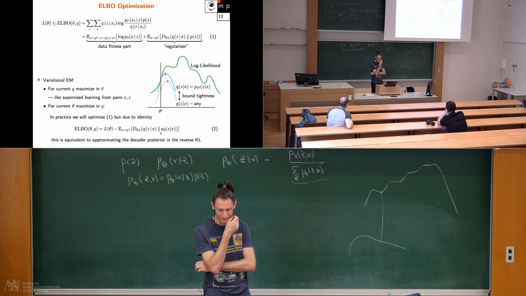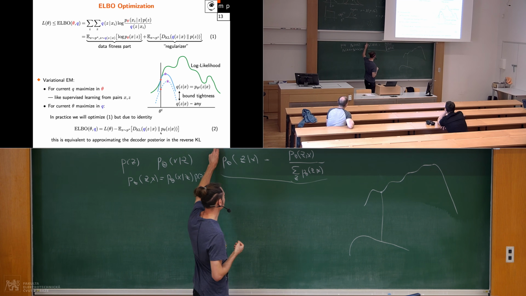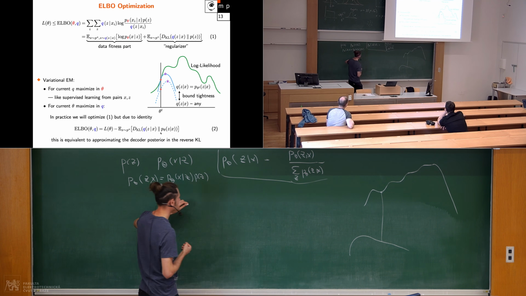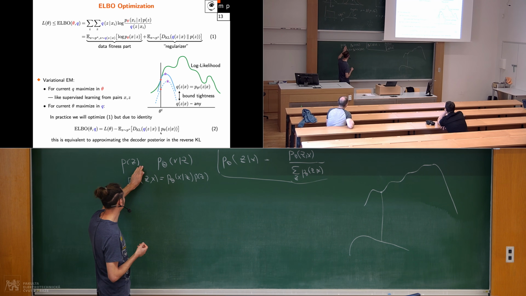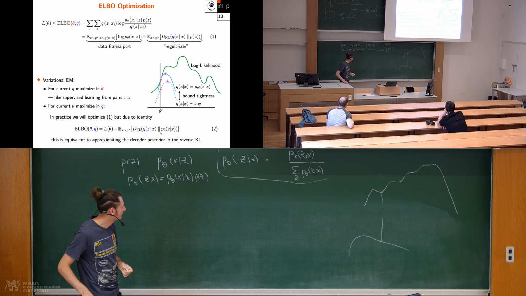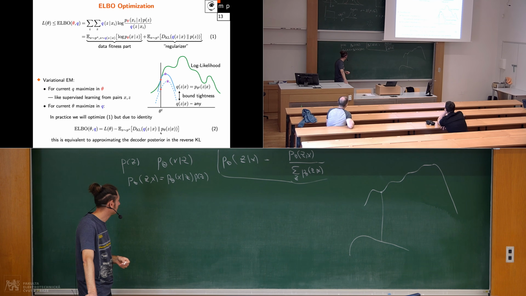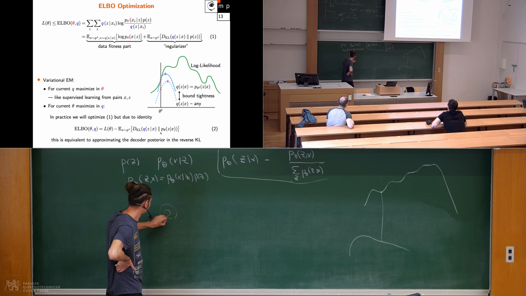Why Bayesian inference? So this is like if you have, okay, I mean, if you don't, never mind. So we have this mapping, right?